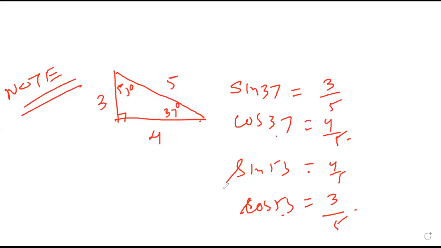Done, sir. Sine 37, 3 by 5. Sine 53, 4 by 5. Cos 37, 4 by 5. Cos 53, 3 by 5.